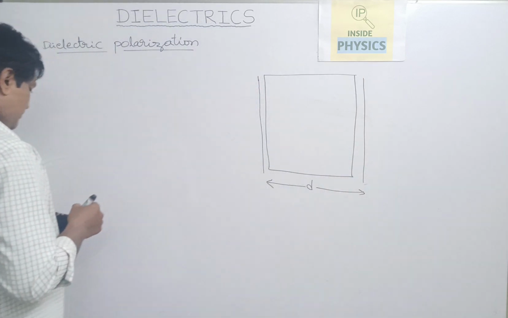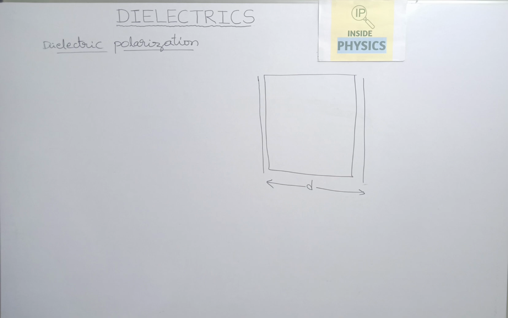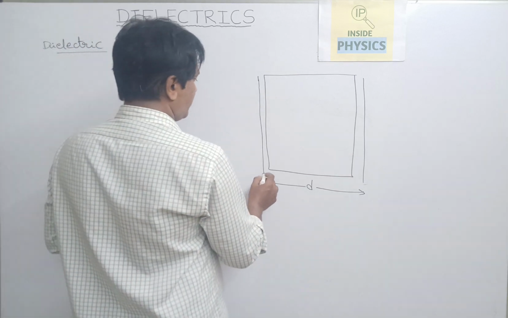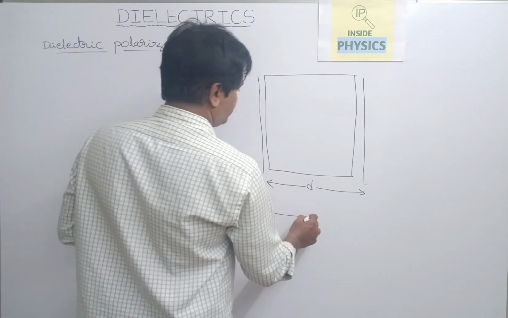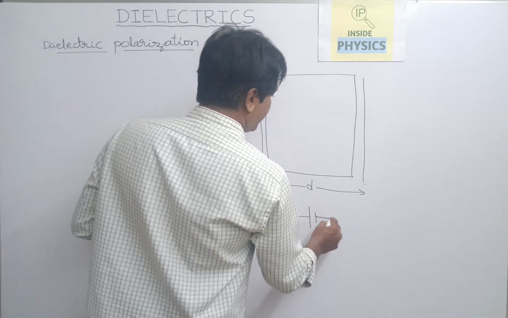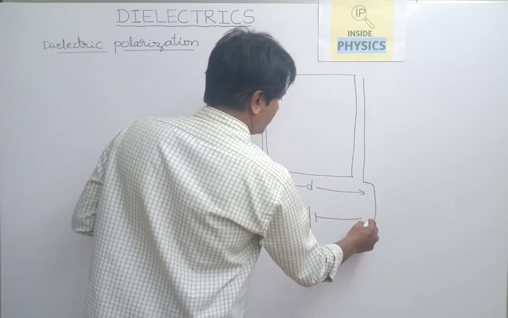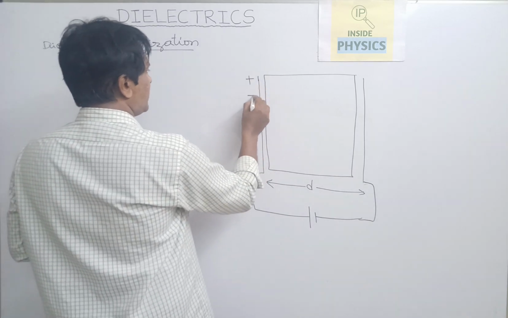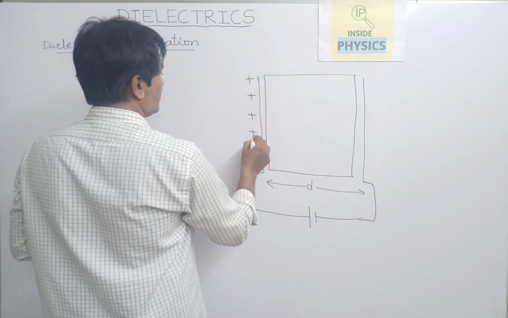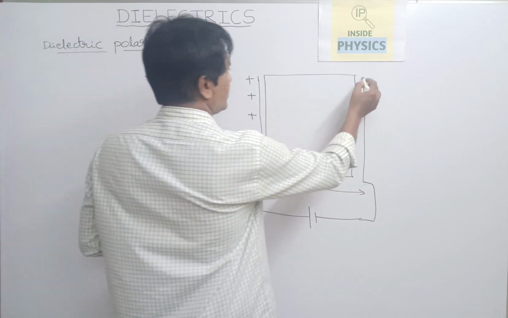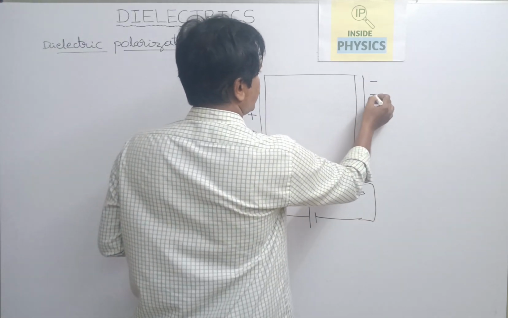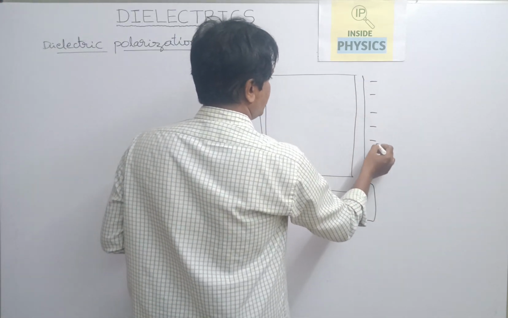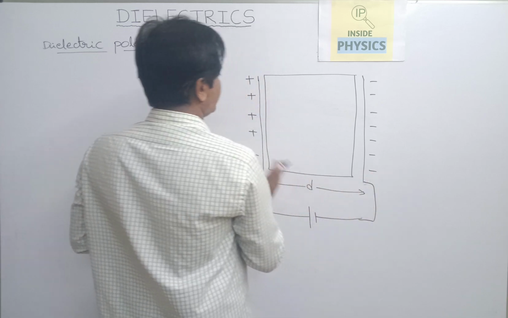Now we know that the capacitor is charged with an external supply from a battery. Then the plates of the capacitor are being charged, so that the parallel plate capacitor stores the charge on the plates.